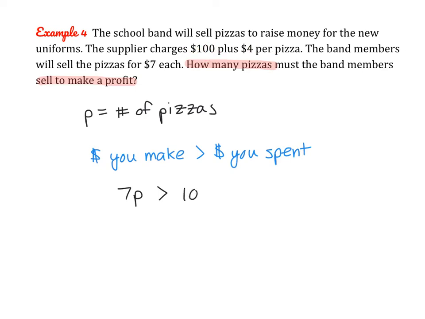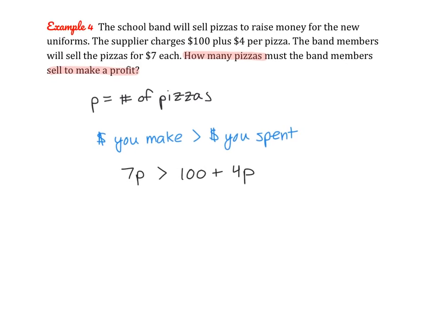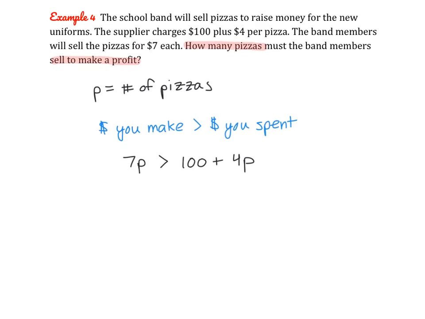That supplier, again, they have that flat rate of $100 plus $4 per pizza. So 4 times P, which is however many pizzas they'll decide to buy. So now we can solve for P. So let's subtract 4P from each side. So 3P is greater than 100.